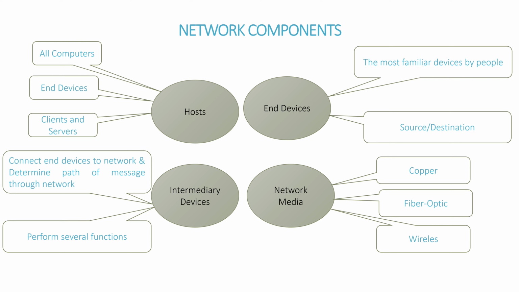The third one, what is the amount of data and the speed that need to be delivered? And the fourth one, what is the cost of the media to be installed? So these are the network components. Remember, hosts and end devices, intermediary devices, and network media. For each of those, remember the characteristics and the most important things.